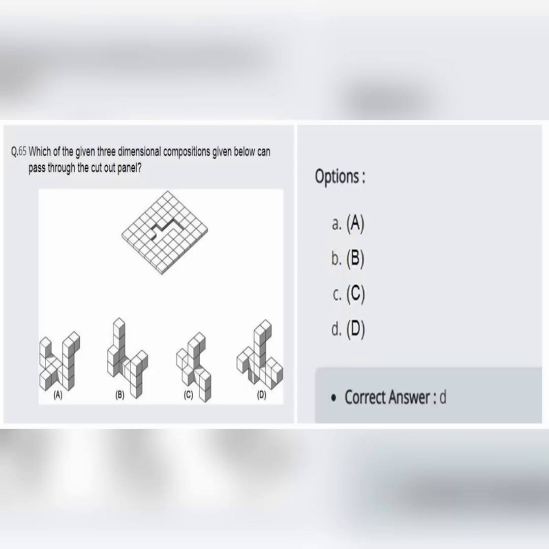But in the case of option D, there is a possibility to enter into this space. So we have to opt for option D. Okay, now coming to the next question.